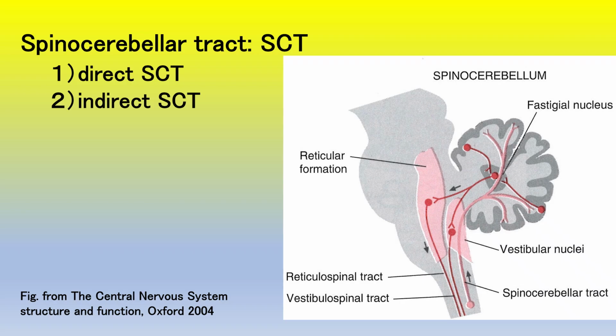In contrast, other pathways, such as the spino-olivocerebellar tract, involve synaptic connections within brainstem nuclei and are therefore referred to as indirect spinocerebellar tracts.